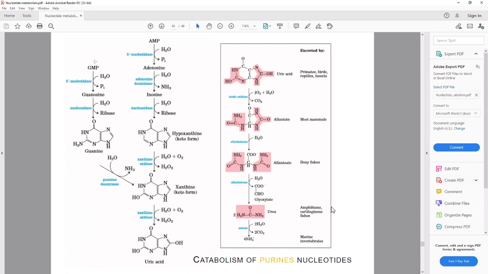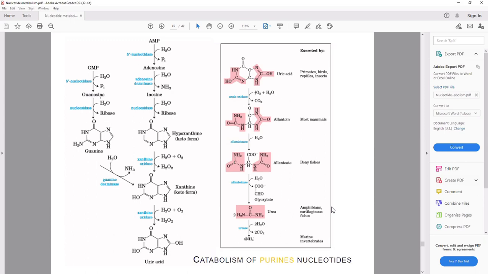And GMP. GMP utilizes nucleotidase enzymes as well. From GMP it is converted to guanosine.